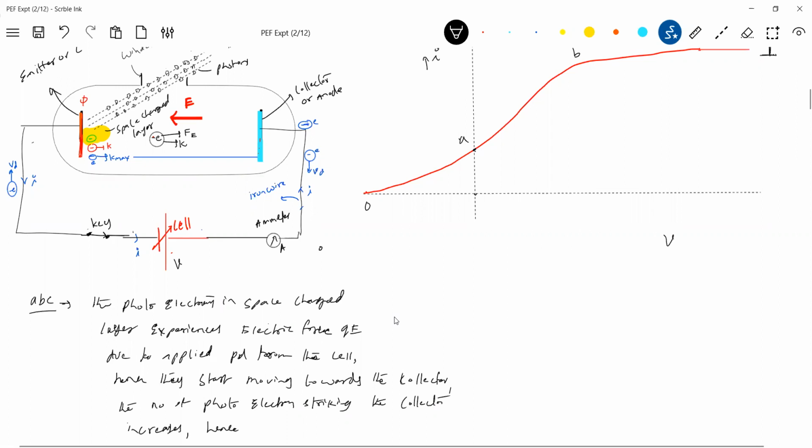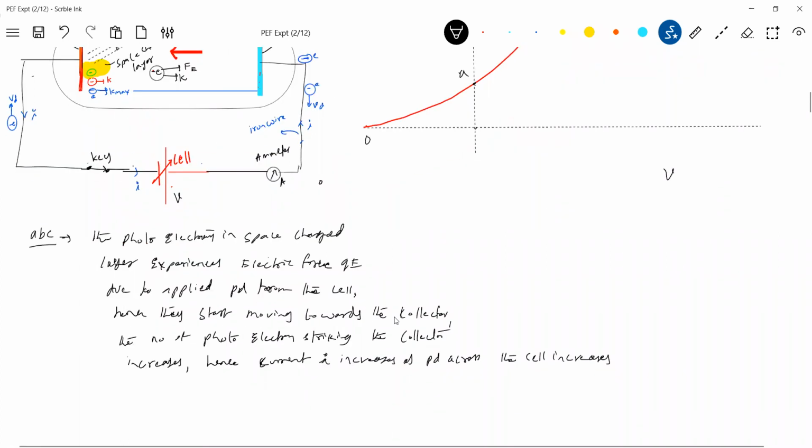Hence current I increases as PD across the cell increases. Okay, fine. So that is one reason I'm putting here now.